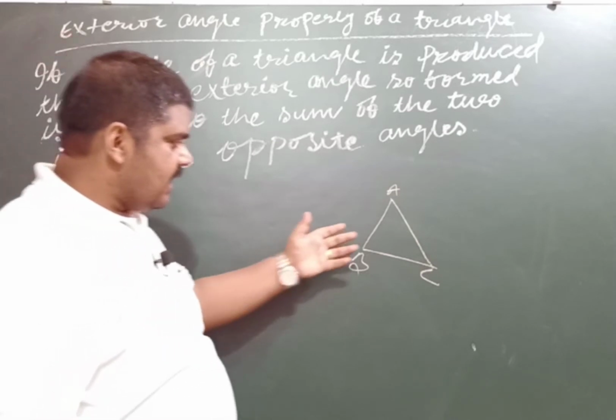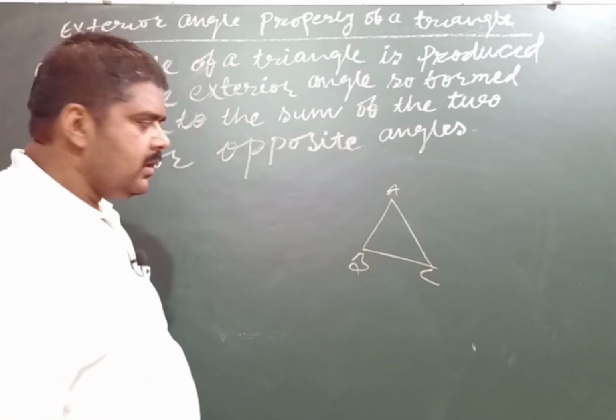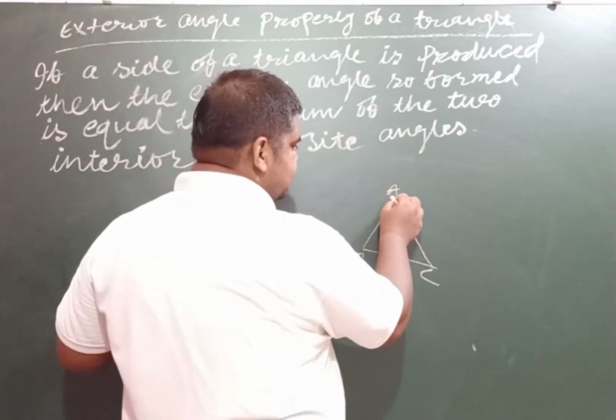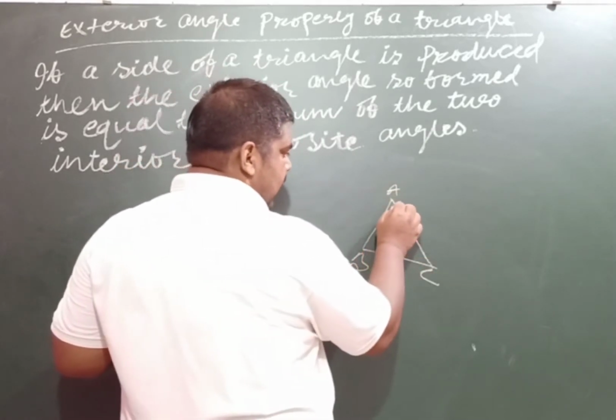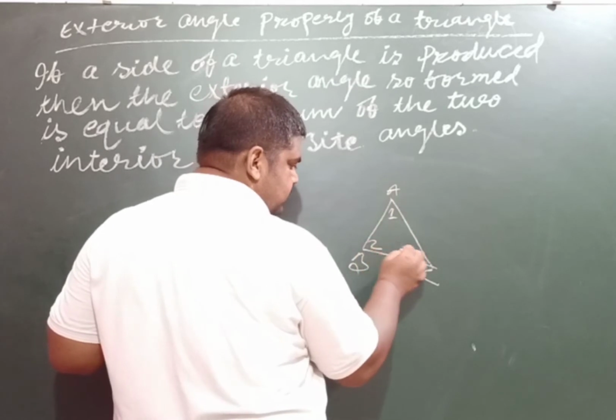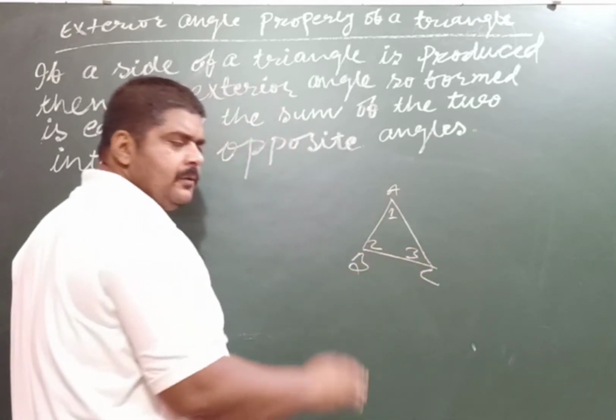Actually, I have taken another example, triangle ABC, and you can see that the angles are named 1, 2 and 3.